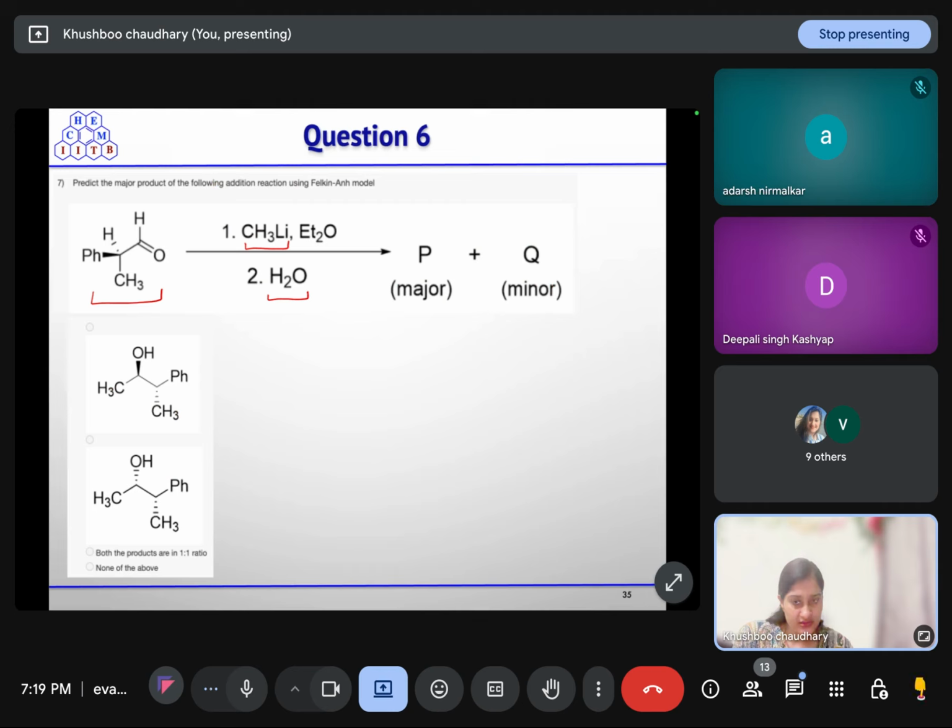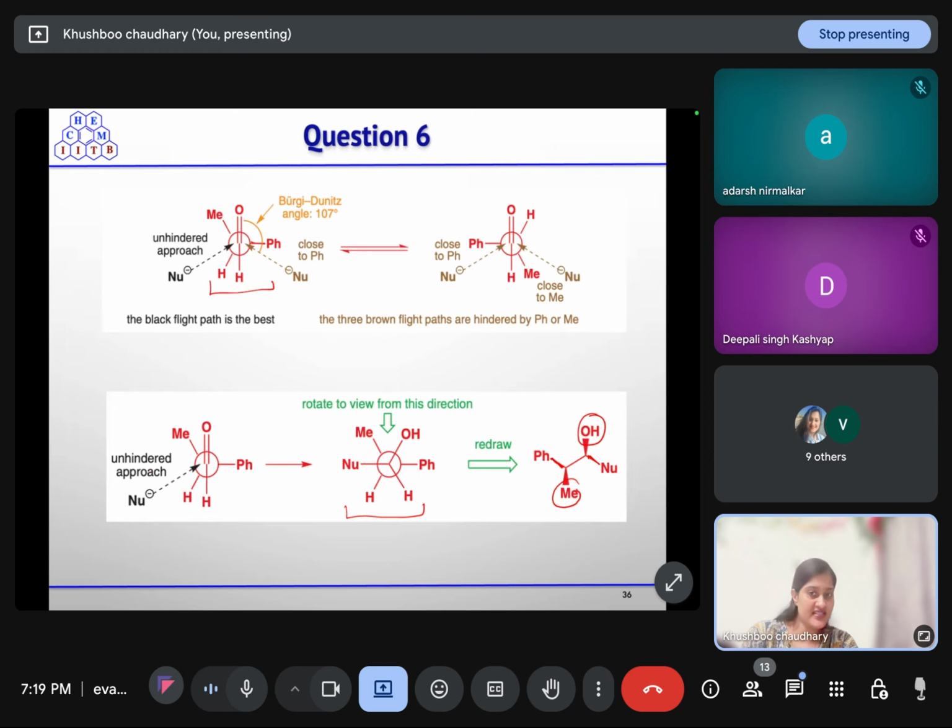In your question, phenyl is on the left and methyl on the right. So you will get OH and CH3 below. The correct option is option B. This we already discussed in the slides, so I'm not repeating it.